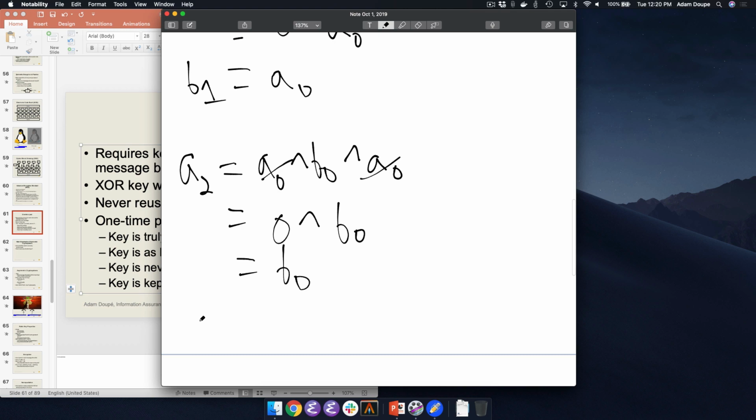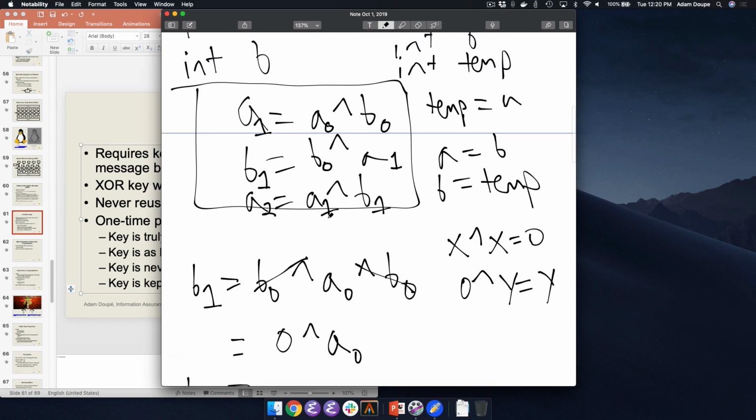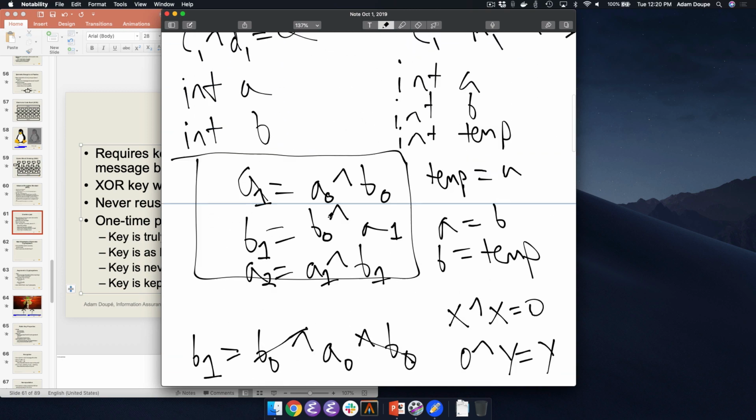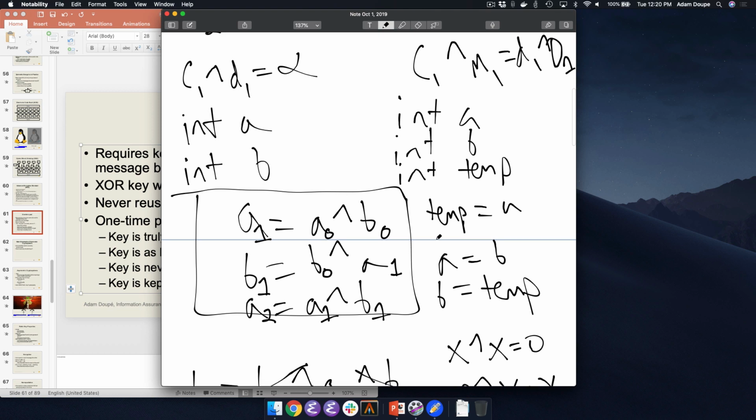So you finally get B1 is equal to A0 and A2 is equal to B0. That make sense? And generally, I would prefer this code 99.99999% of the time over the other code. Any other questions about this?